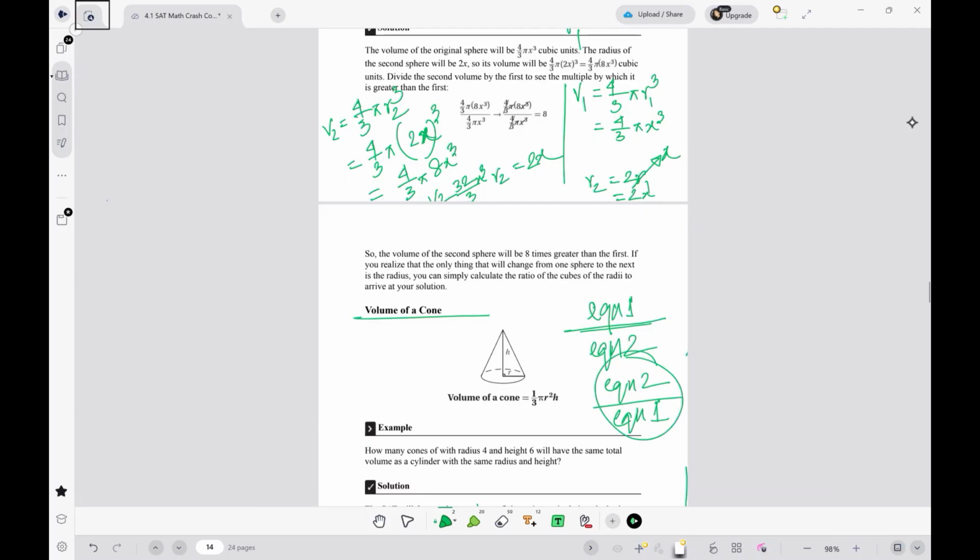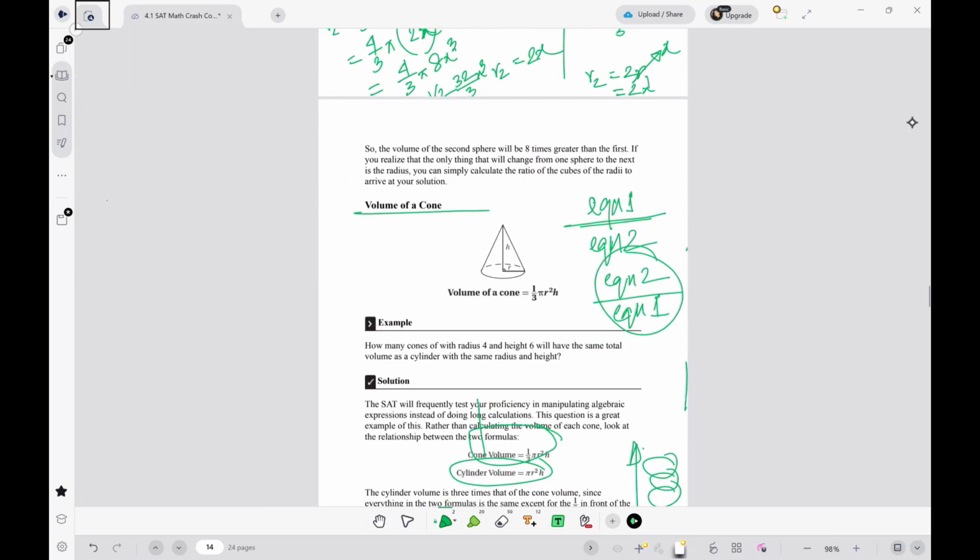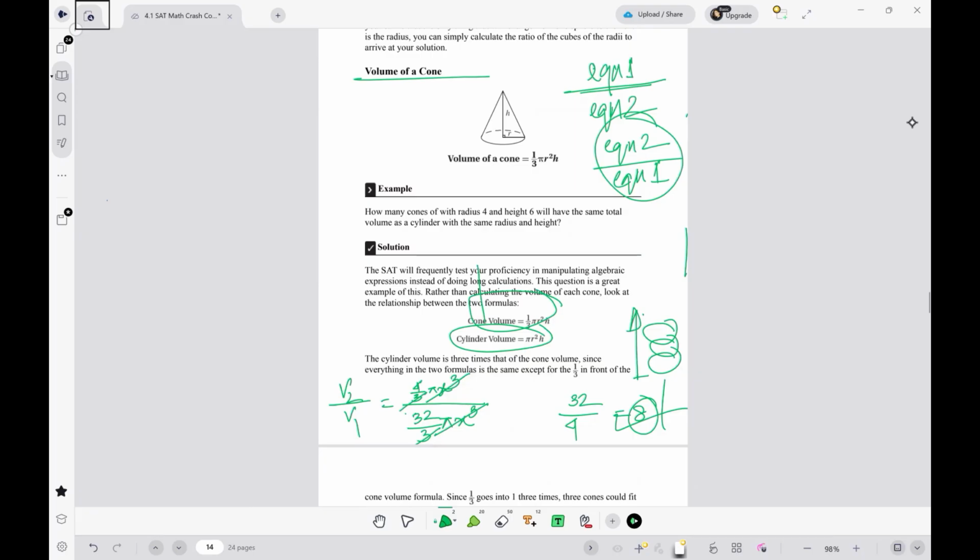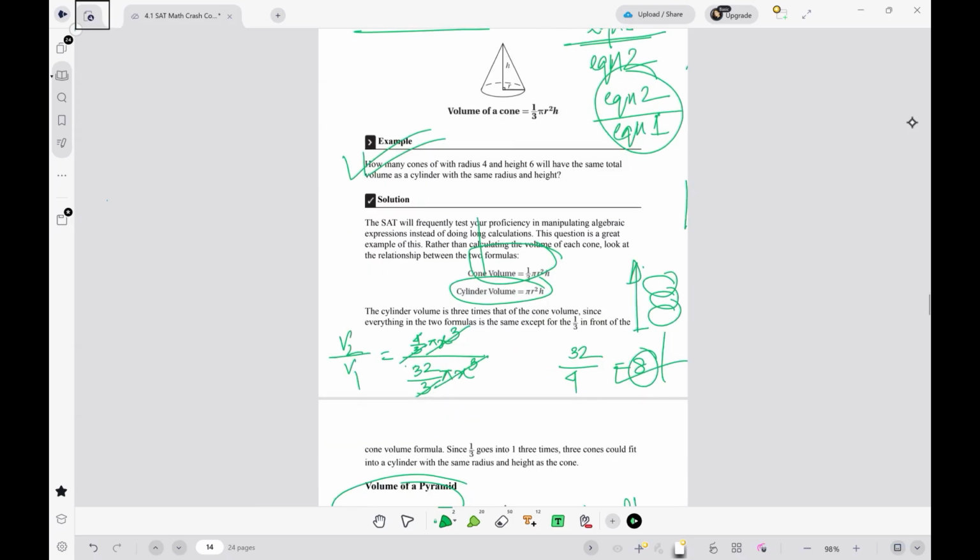We have done the volume of a cone, 1/3 pi r square h. And then, how many cones with a radius 4 and height 6 will have the same total volume as a cylinder? This was an amazing problem, because it is just some division basically.